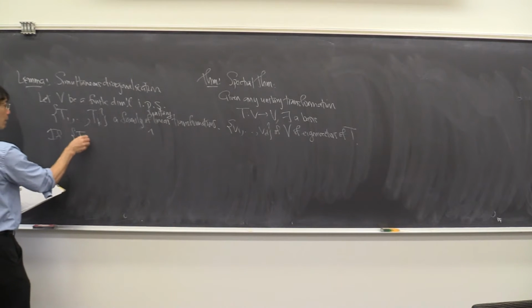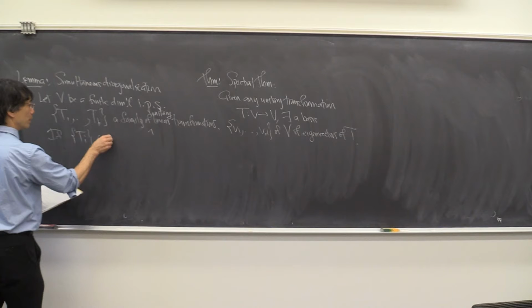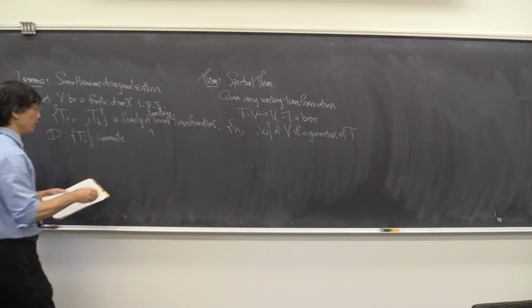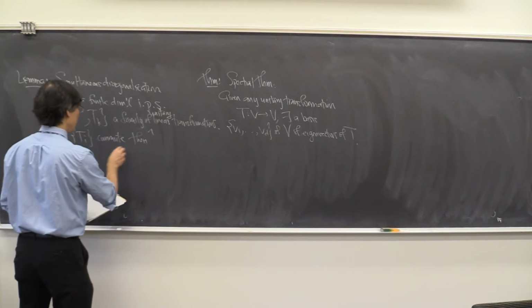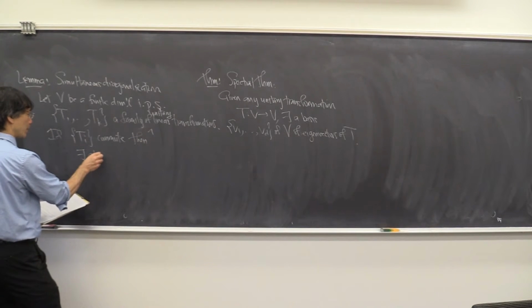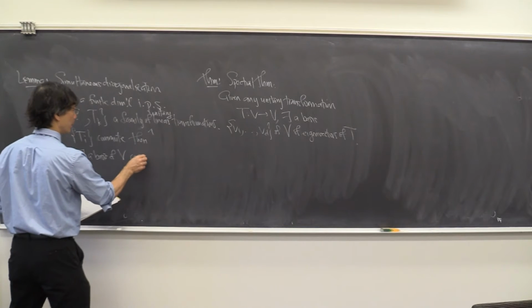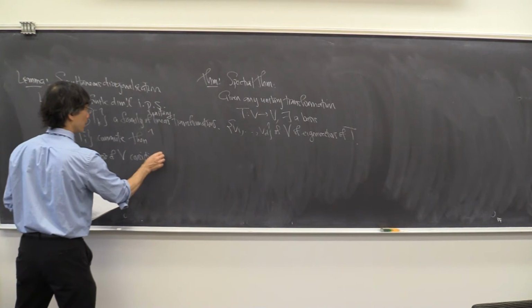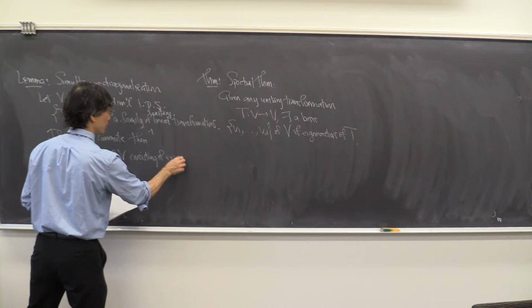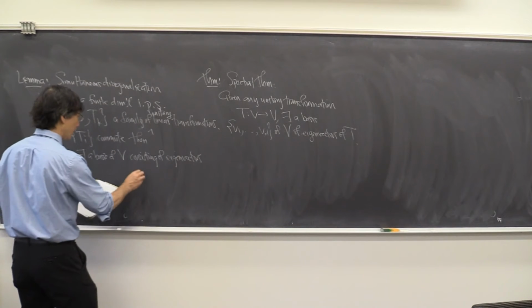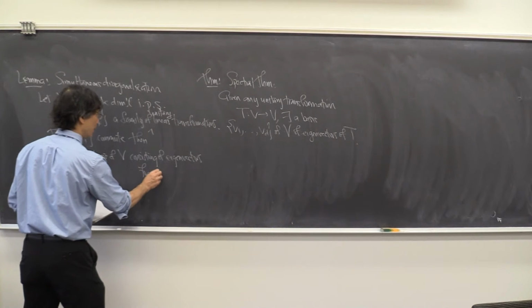If all the Ti commute, right, doesn't matter in which order you take them, then there exists a basis of V consisting of eigenvectors for every Ti.